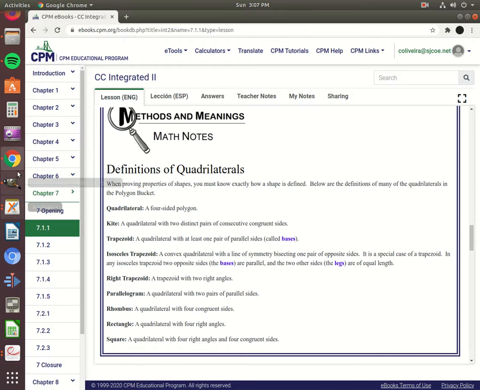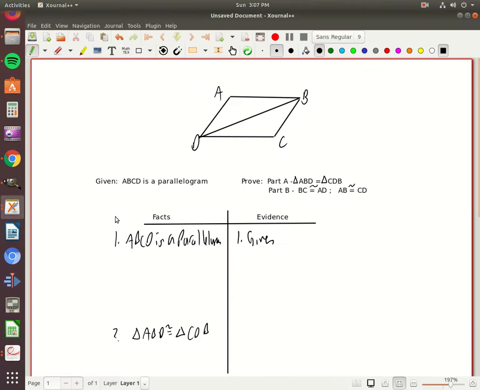So because of all of this, I can now come back and say, hey, look, AD is parallel to BC. And I'm going to say AB is parallel to DC.